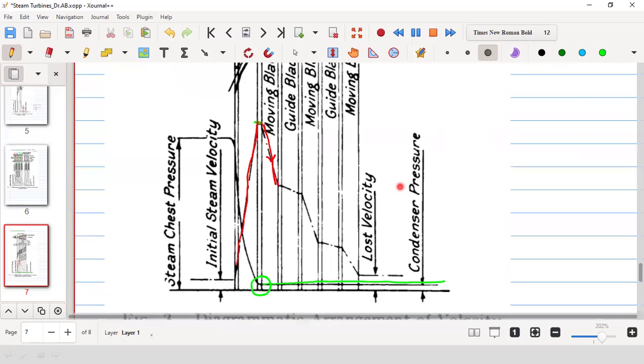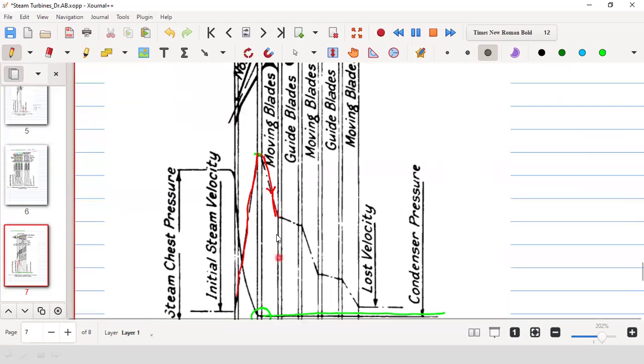Now in the guide blades, there should not be any change of momentum and kinetic energy. It should almost go means the same value, but it is considered that during that movement there is frictional loss. So due to friction there is a little reduction in velocity, but it is not as much as that was in the moving blade.